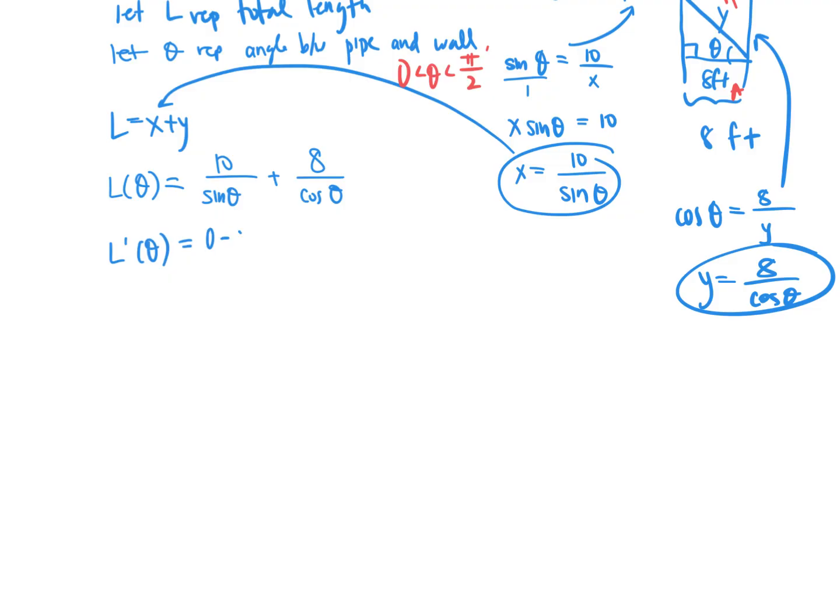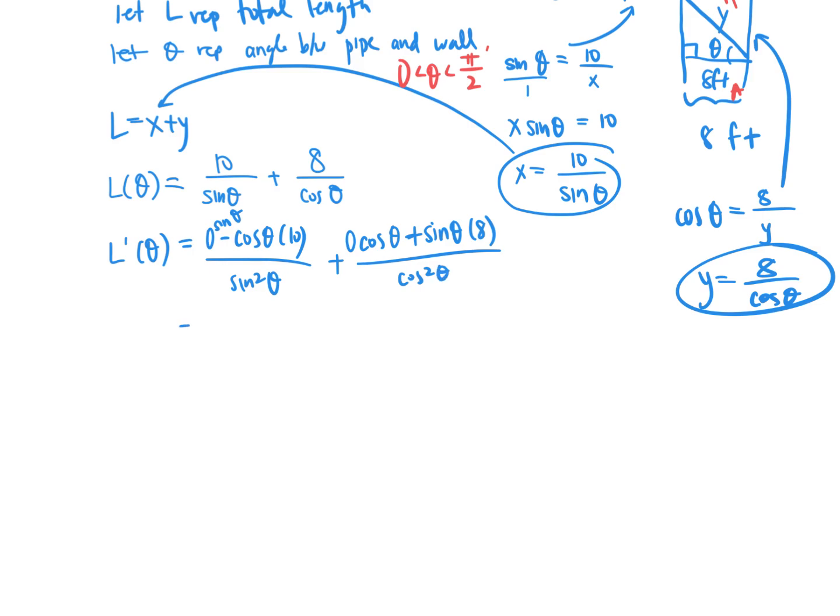Subtract the derivative of sine, which is cos theta, and that'll get multiplied by the original top, all over sine squared theta, plus the derivative of 8 is 0 times cos theta, and then subtract. The derivative of cos theta is negative sine theta, so I'm just going to turn that negative into positive, times 8, all over cos squared theta.